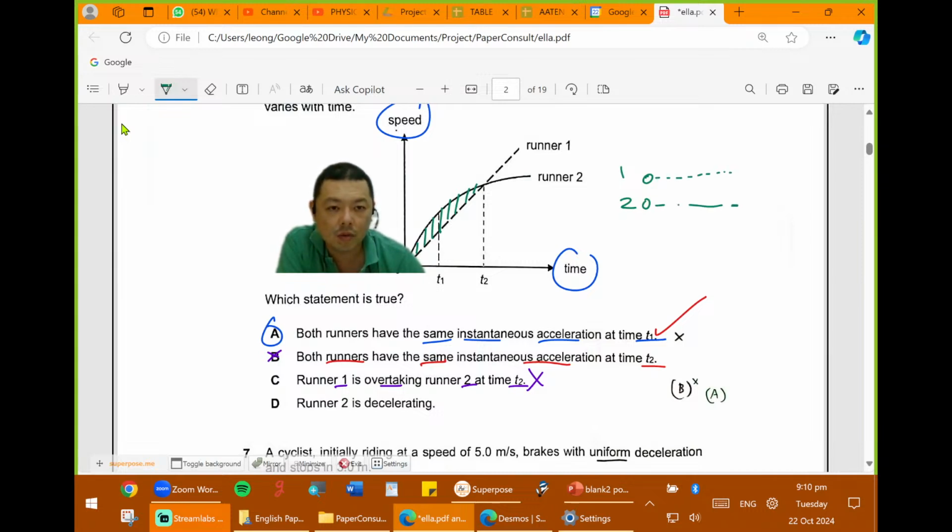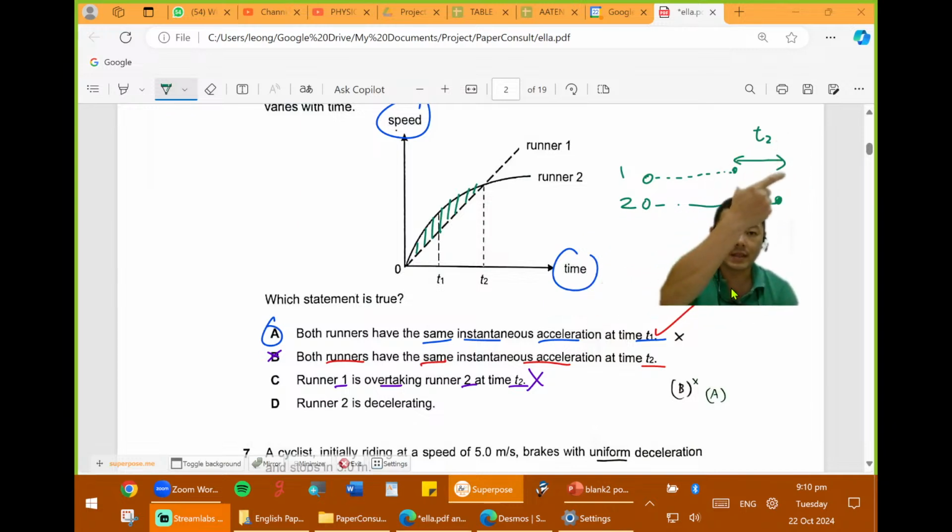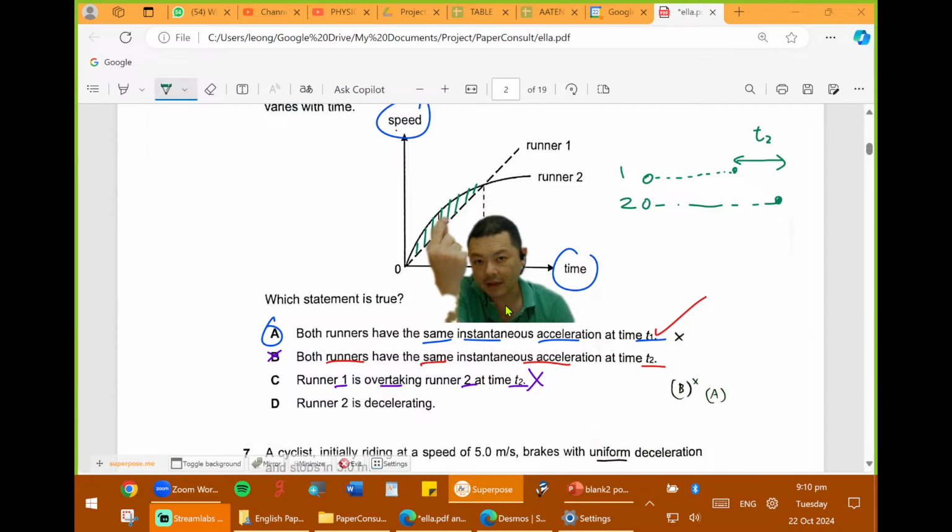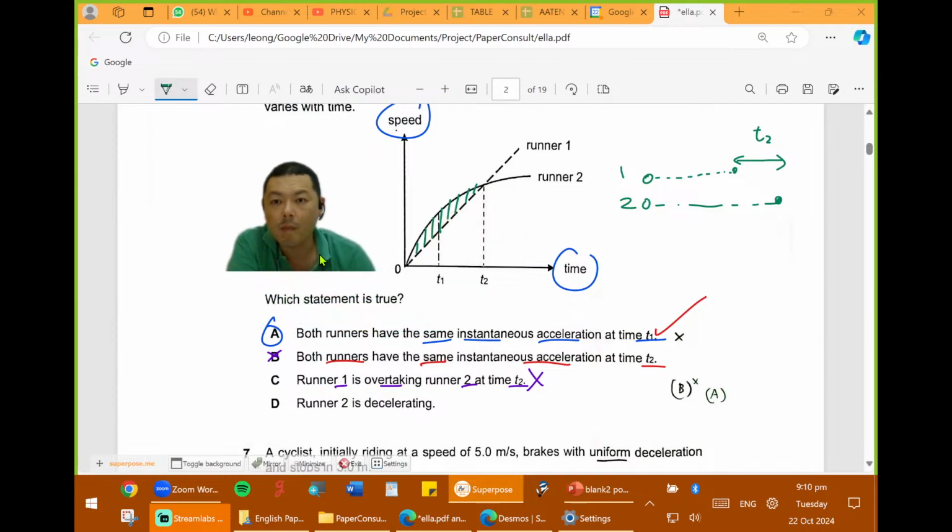But runner 2 is ahead by this amount of area, this distance. So at t2, runner 2 is ahead of runner 1 by that amount of distance, which is the area expressed here. You understand that?